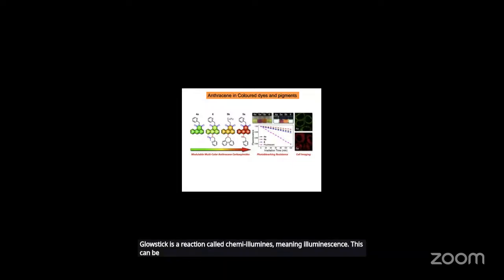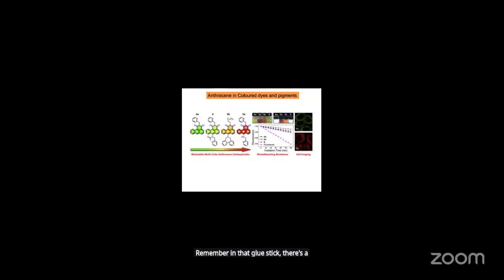So now, what is this glow stick? Glow stick is a reaction called chemiluminescence. This chemiluminescence is a chemical reaction that produces light without heat. Remember, in that glow stick there's illumination, but there's no heat. So that's how we call it: a chemical reaction called chemiluminescence.